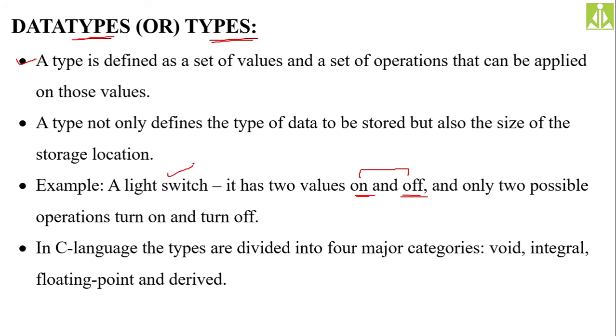Then the next thing, the operations. What type of operations can we perform on an electric switch? You can switch on the electric switch or you can switch off the electric switch. These two operations, turning the switch on and turning the switch off, we can perform on an electric switch.